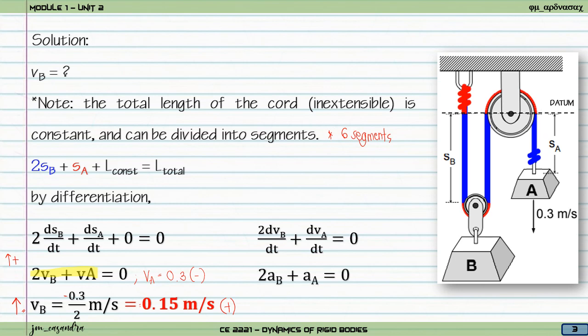Or we'll arrive now at 2 AB, since V with respect to time is your acceleration. So from here, we'll arrive at the relation that the acceleration of weight B will simply be equal to the negative half of the acceleration of weight A.